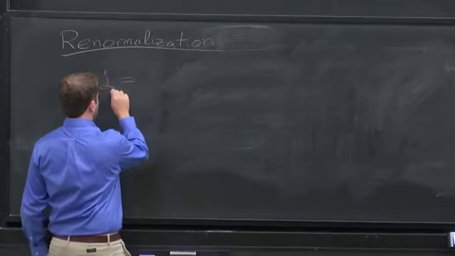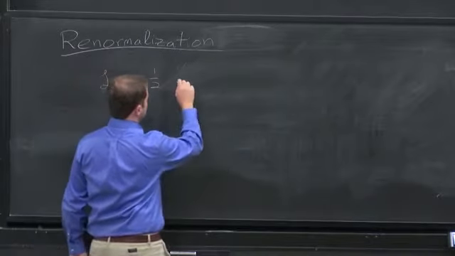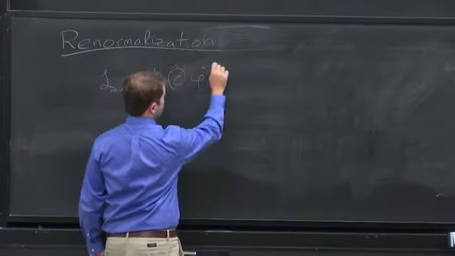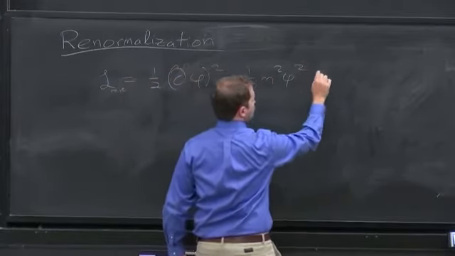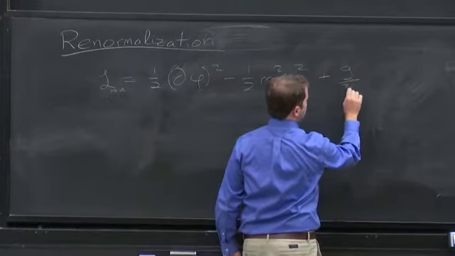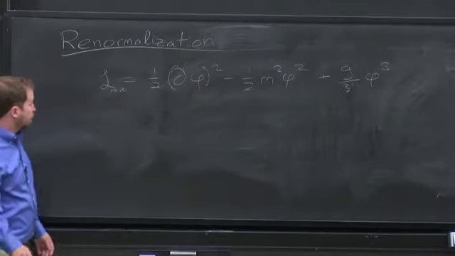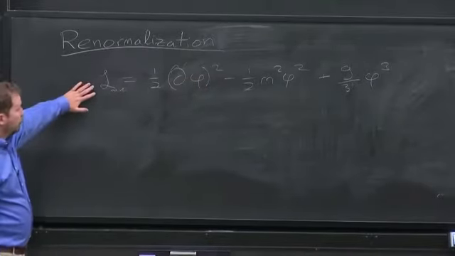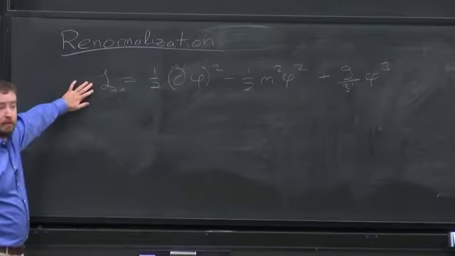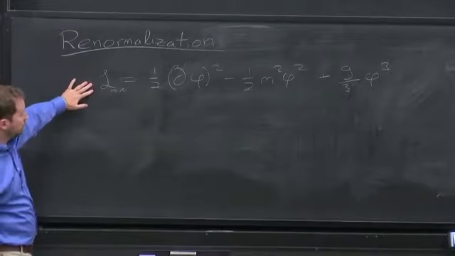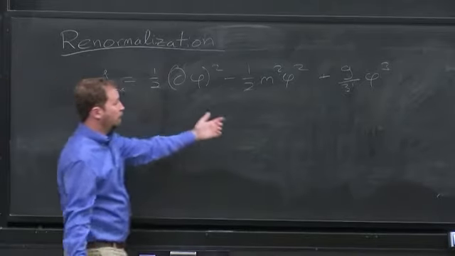So the naive Lagrangian for phi cube theory is just our Klein-Gordon Lagrangian and add an interaction term with 3 powers of the field. Based on what we've seen previously, if we want to use the LSZ reduction formula in the form we wrote it down in lecture, we can't just add an arbitrary term to our Lagrangian.